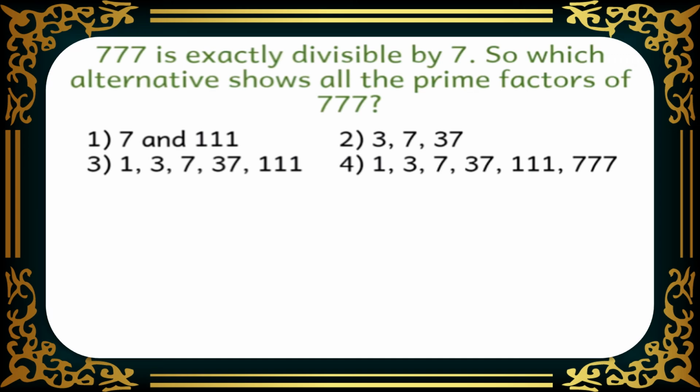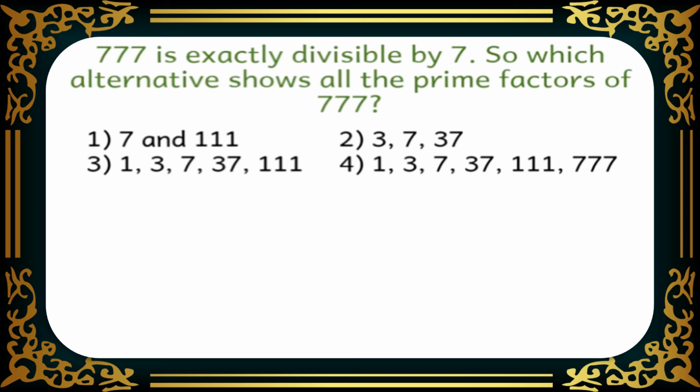Once you divide 777 by 7, तो हम लोगों को कैसे उसके prime factors मिलेंगे? Option number 1 is 7 into 111, or 3, 7 into 37, or 1, 3, 7, 37 and 111. And fourth option is 1, 3, 7, 37, 111 or 777.